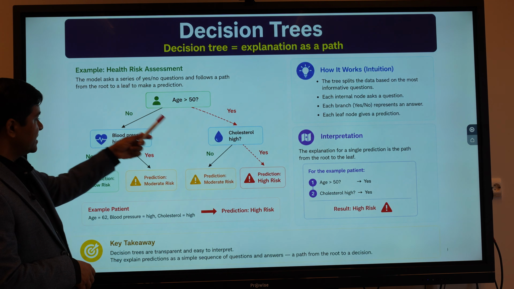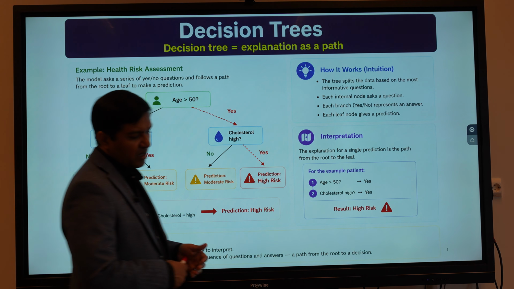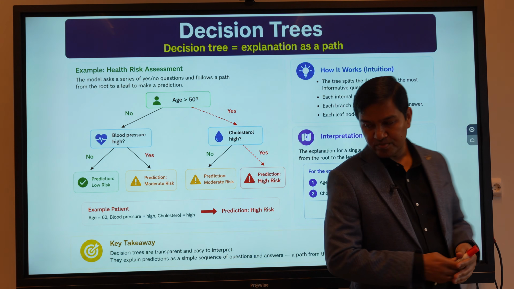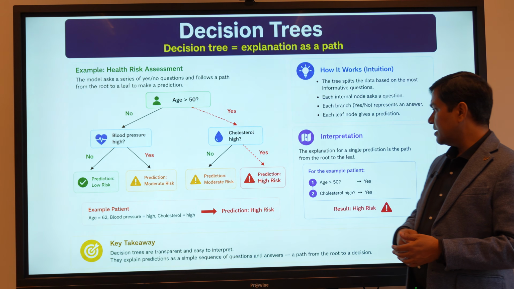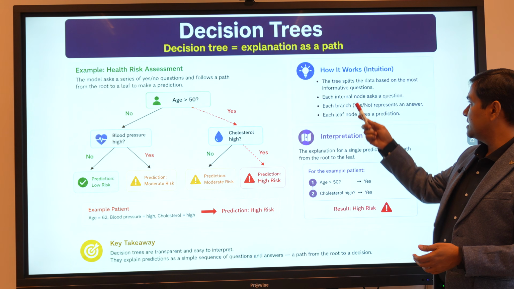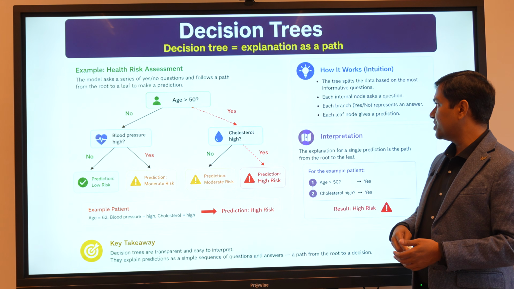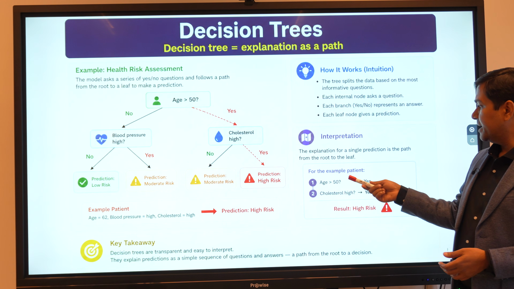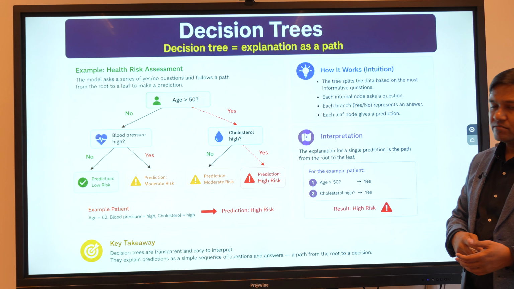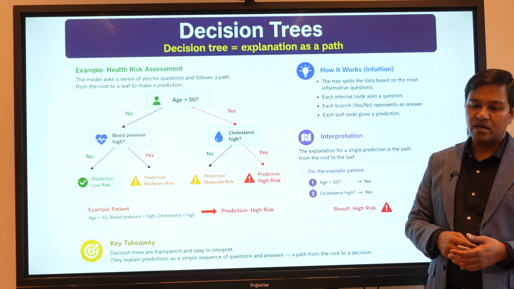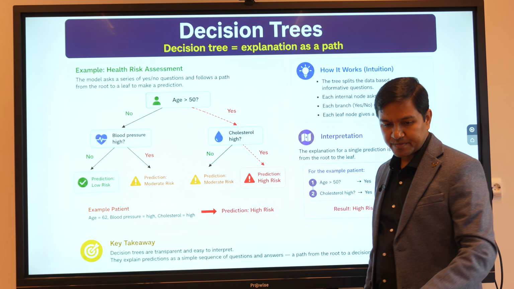So this decision tree is helping to do the activity and the explanation, and each node is asking a yes or no question, and with that we are getting a highly interpretable model.